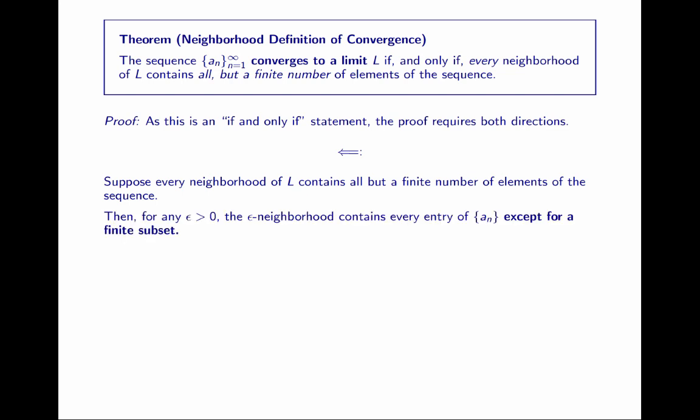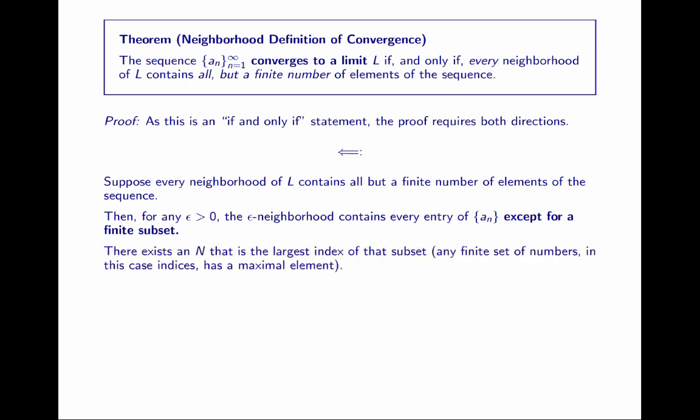So if every neighborhood of L contains all but a finite number of elements, then certainly every epsilon neighborhood contains all of my sequence except for a finite subset. Let's consider the finite subset not contained in my epsilon neighborhood. Since it's finite, it has a largest index. We're going to call that largest index big N, because any finite set of numbers, in this case a finite set of indices, has a maximal element.